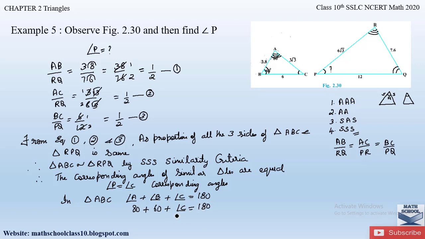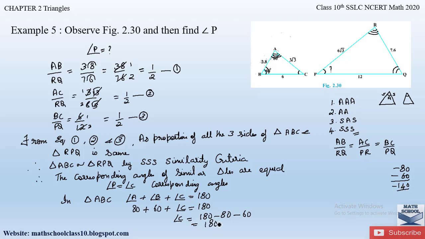So angle C will be equal to 180. So let us send 80 plus 60 to the right hand side. Okay, so since it is plus 80, when it goes to the right hand side it will become minus 80. Similarly, plus 60 will become minus 60. So adding minus 80 and minus 60, you will have 8 plus 6 is nothing but 14, that is minus 140 degrees.